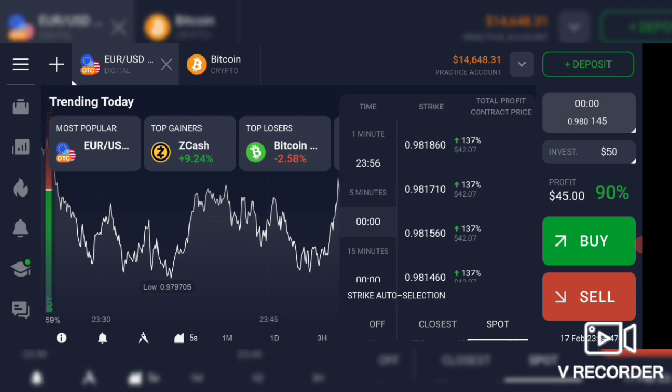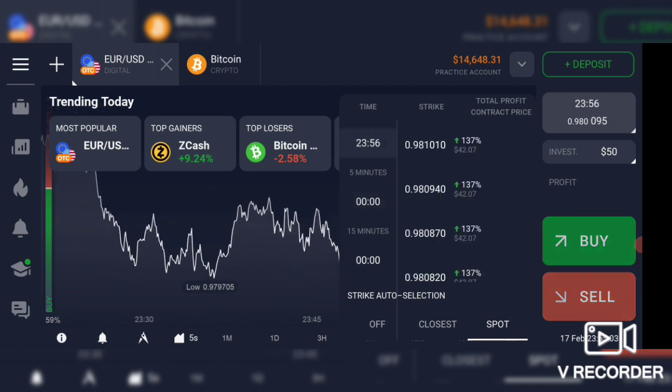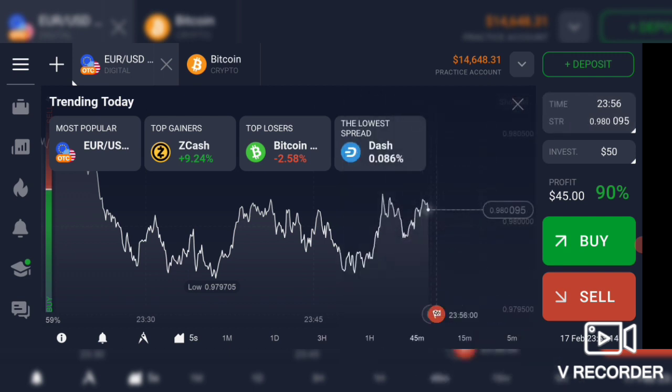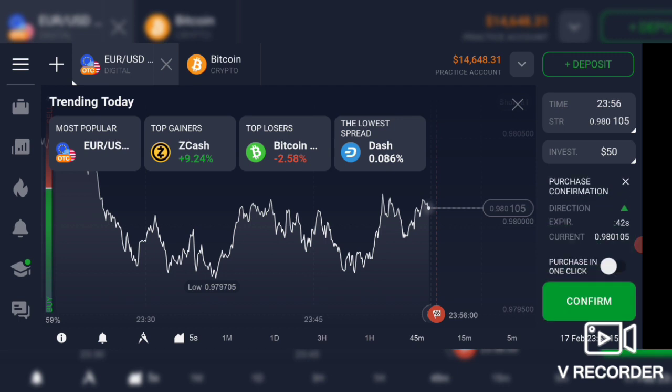Then for multipliers, we provide the take profit and stop loss. Here I'm going to use normally 5 minutes, so we put 5 minutes, and then we are going to buy.